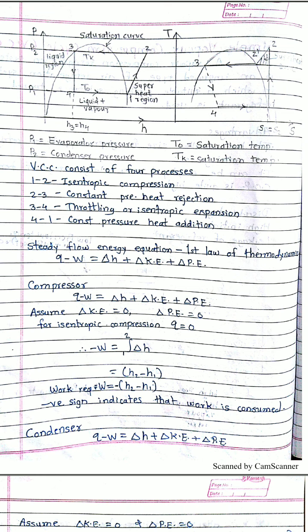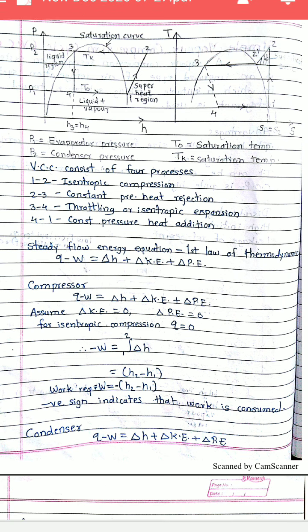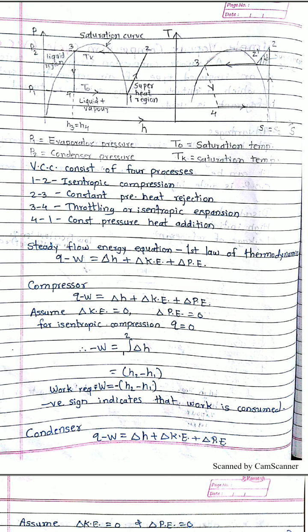So the equation becomes 0 minus W is equal to delta H plus 0 plus 0. So minus W remains on the left hand side, and on the right hand side there is only delta H. But this change in delta H is limited to the process 1 to 2, because isentropic compression is only for the process 1 to 2.